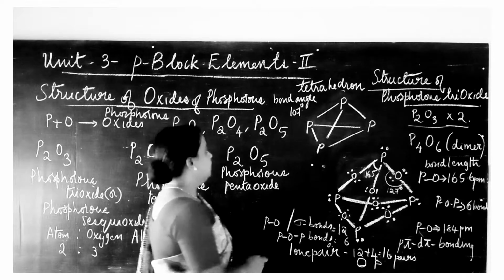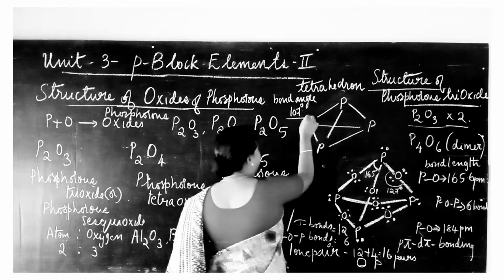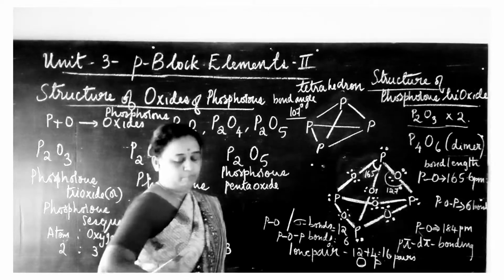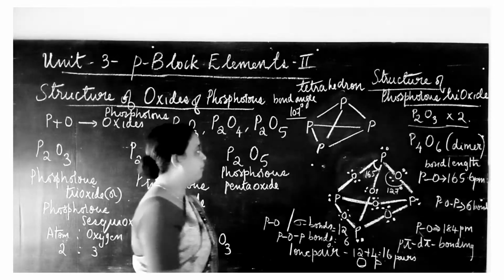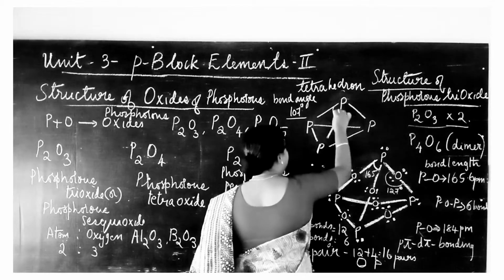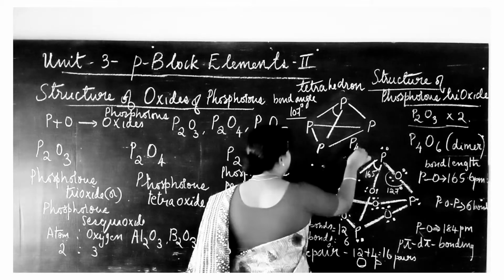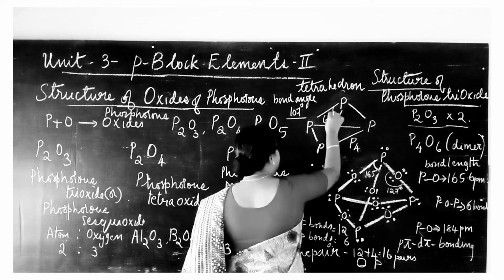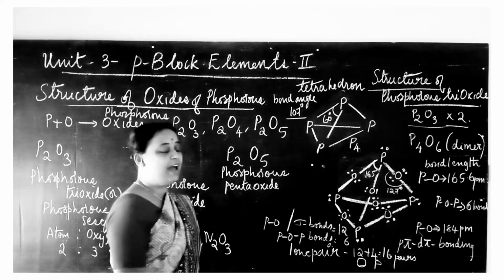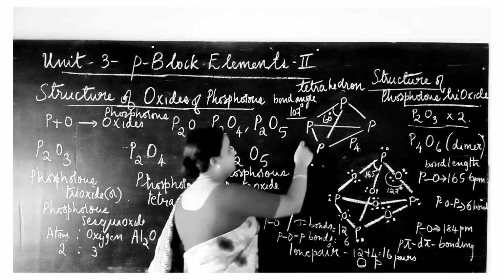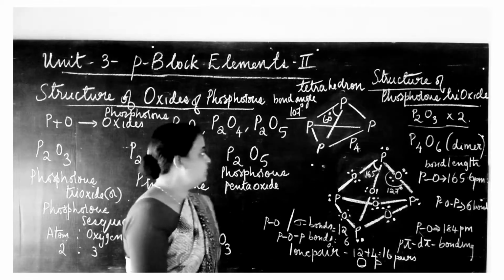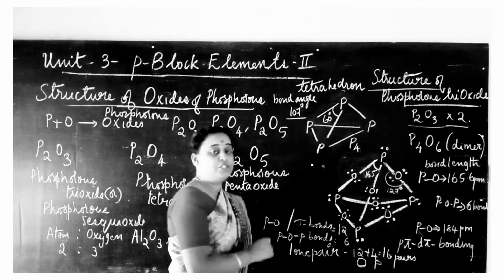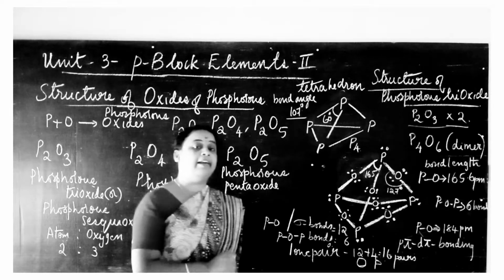Generally the bond angle for such molecules is around 107 degrees. But in the case of phosphorus P4, this bond angle is 60 degrees. Because of this, an angular strain takes place in the structure of P4. As a result, the P4 molecule is highly reactive.